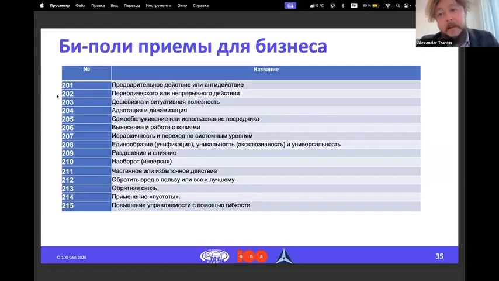And now you see these 15 principles. So we also updated and adapted them to business so that in the most simple and effective way, people could take them and use them.